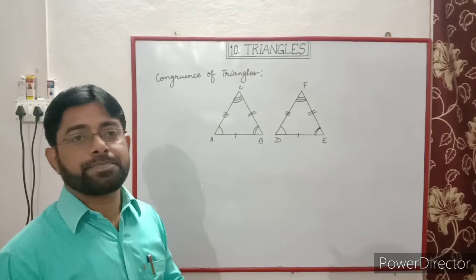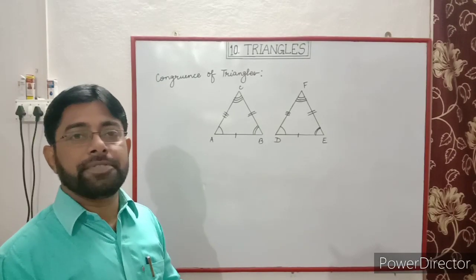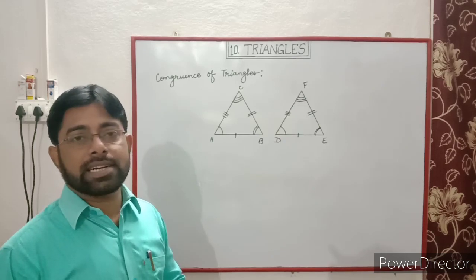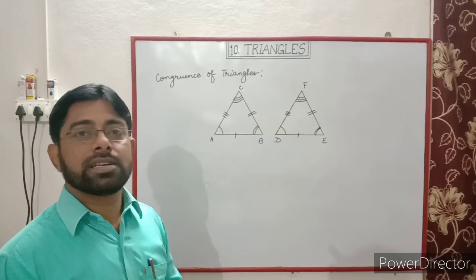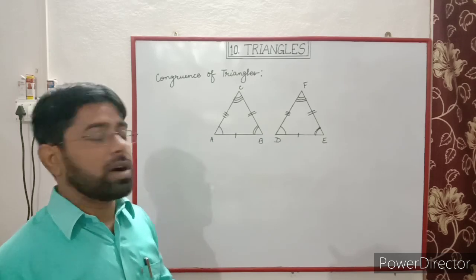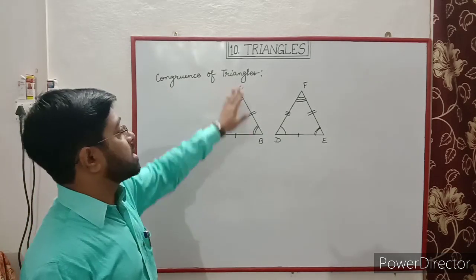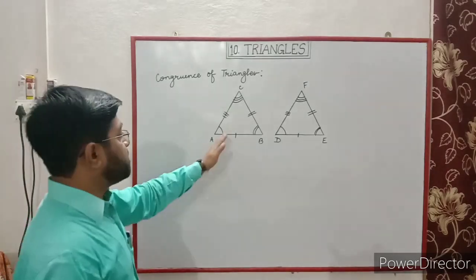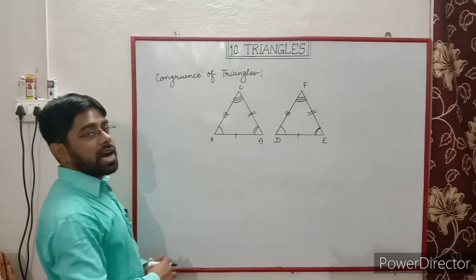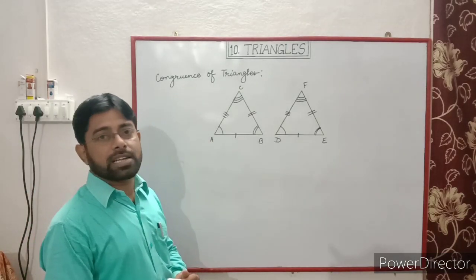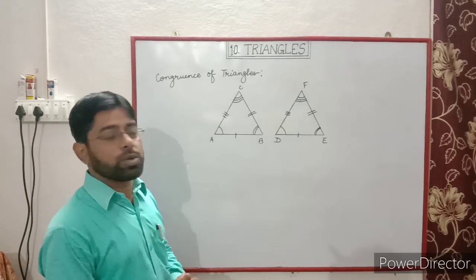Congruent figures. Two geometrical figures having exactly same shape and same size are known as congruent figures. Now, congruence of triangles. From the given figure, we can say that two triangles are congruent if their corresponding sides are equal.